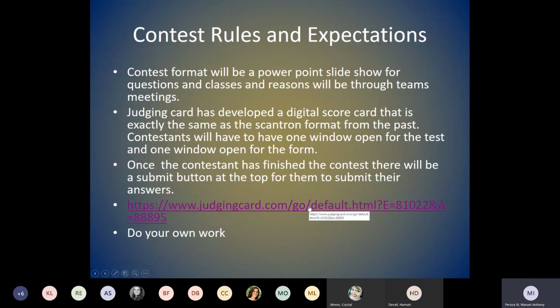The way it's going to work is they'll go through the digital scorecard, and we'll just open it up right quick. Okay, this is what you're going to have. This is actually a link on the judging card. Crystal, we can share this with the agents, and they can use this in practice.